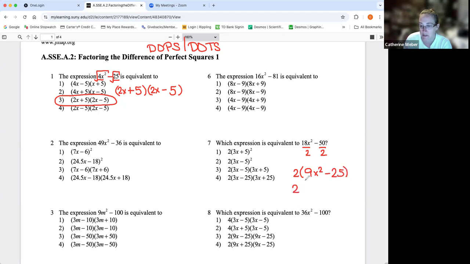So bring down the 2, set up our double bubble, 1 plus, 1 minus. Has to be 1 plus, 1 minus, so that it's not a binomial squared. Take the square root of the first, that gives you your first term of each binomial. Take the square root of the second, that is the second term of each binomial. And there we have our answer of choice 3.